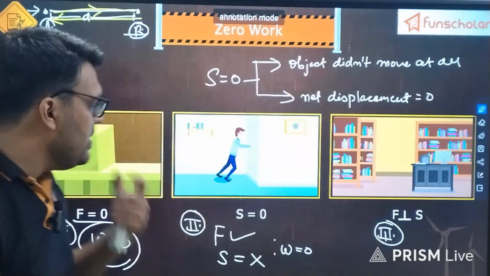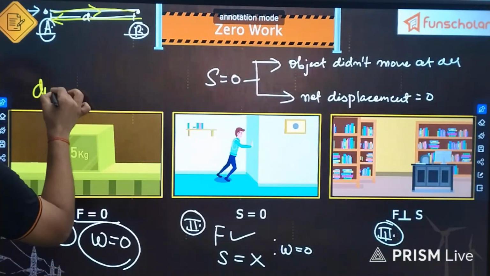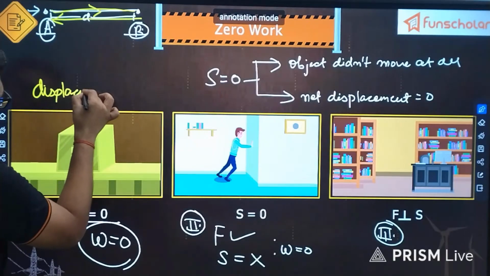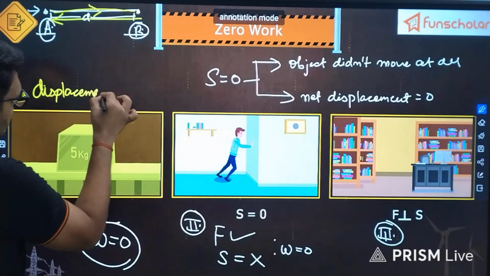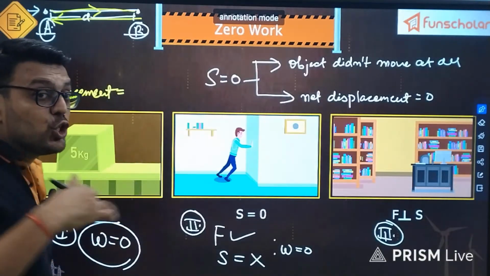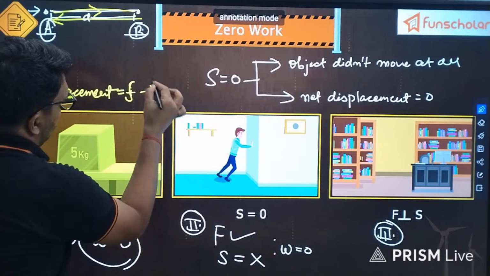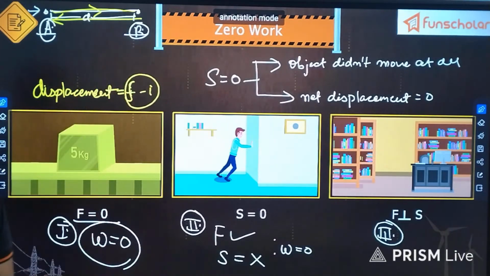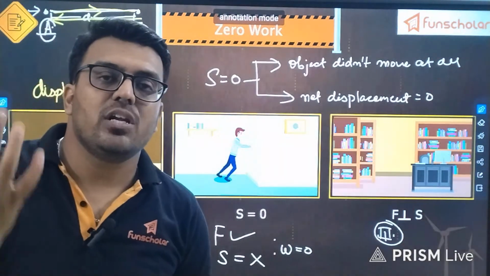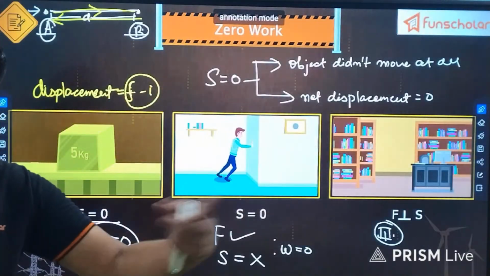Now displacement is the shortest distance between initial and final position. So whatever the final position is, we subtract the initial position from the final position. That is displacement.